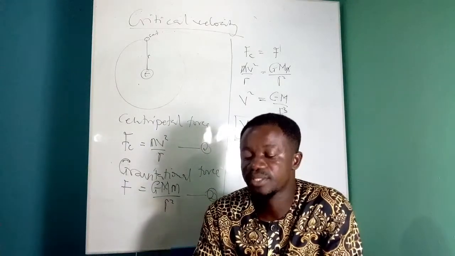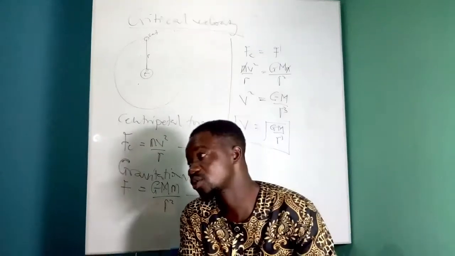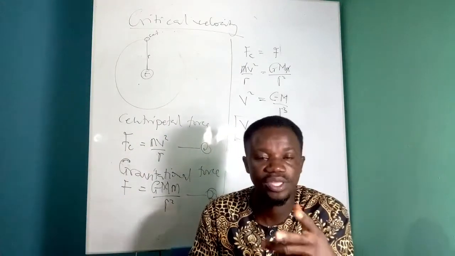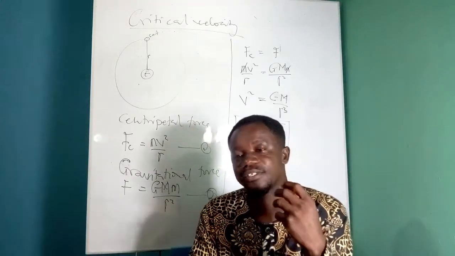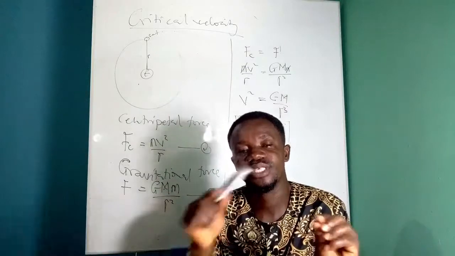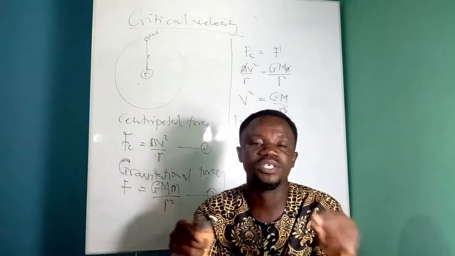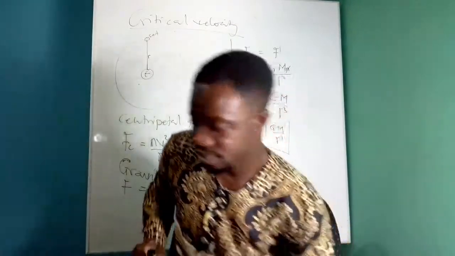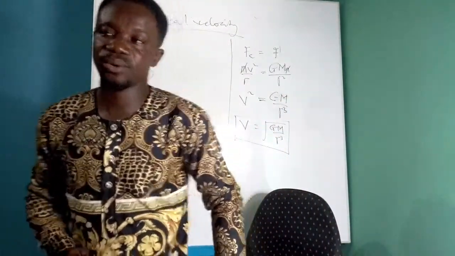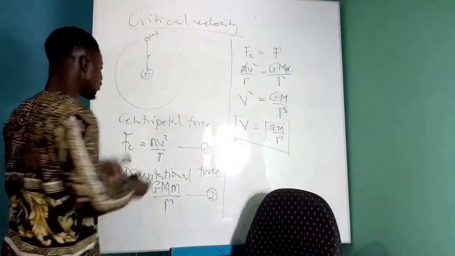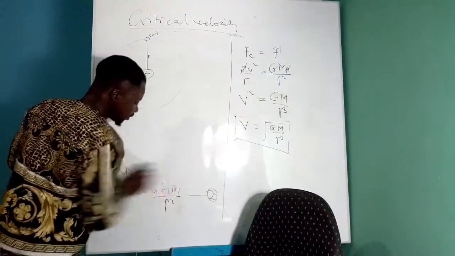Then we look at Kepler's second law. Kepler's second law is also called the law of area. This law states that a straight line that joins a planet to the sun sweeps equal areas in equal time. Let me illustrate this with a diagram. This particular law has a lot of meaning.